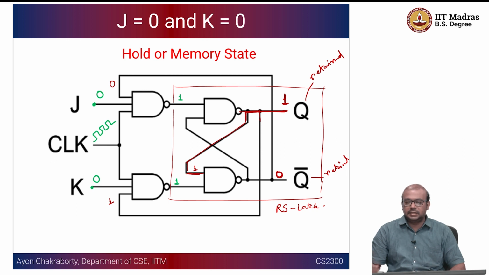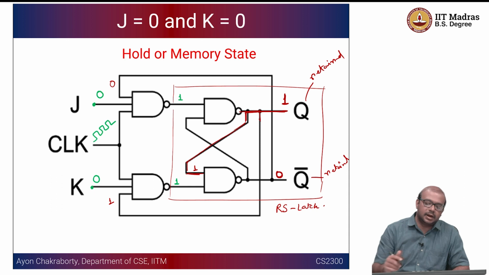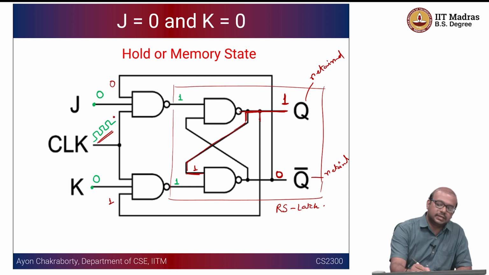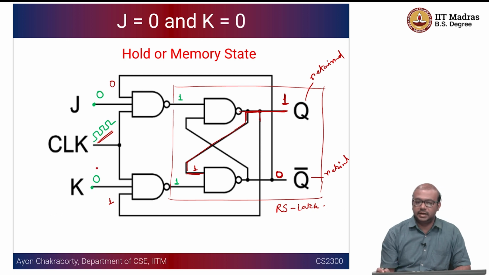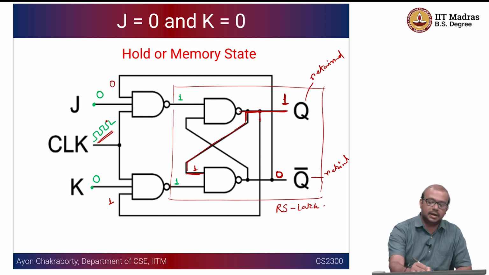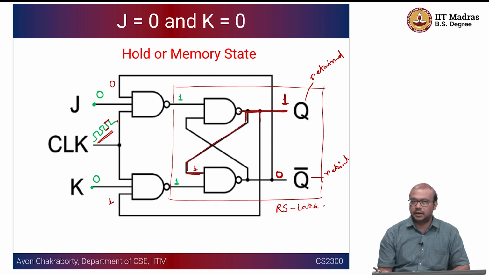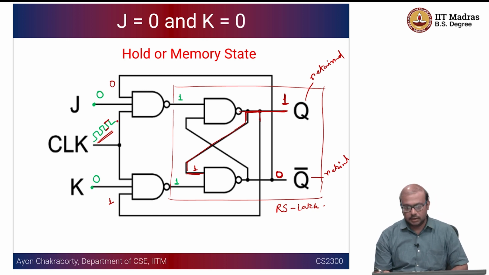Just that if you do not have a clock, only then is it going to preserve the contents. But in this case, you can have the clock, it doesn't matter. As long as you can have J and K being controlled, you can always retain the value. It doesn't matter if the clock is high or low, or edge triggered and so on. So there could be more configurations.